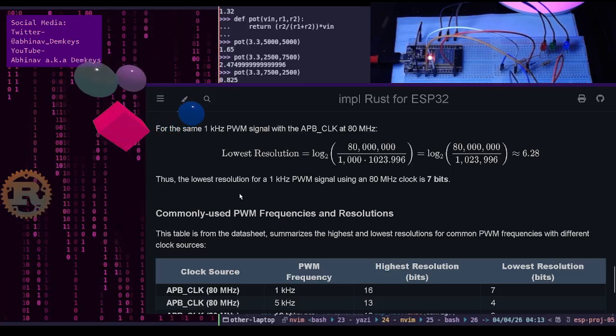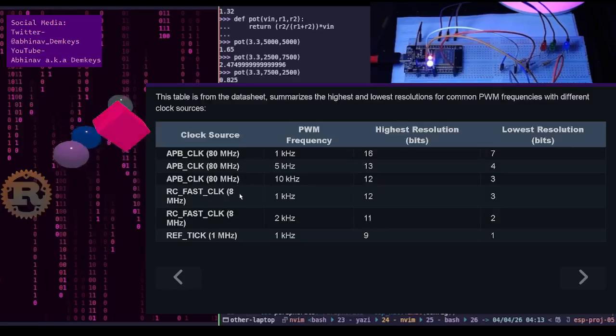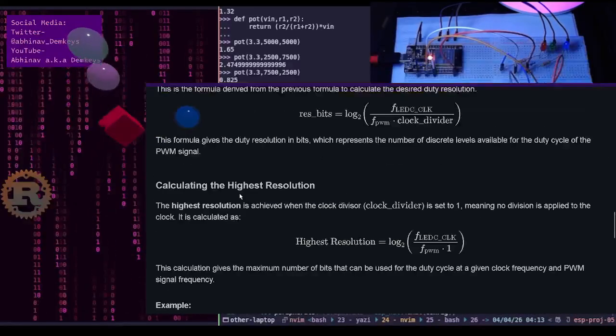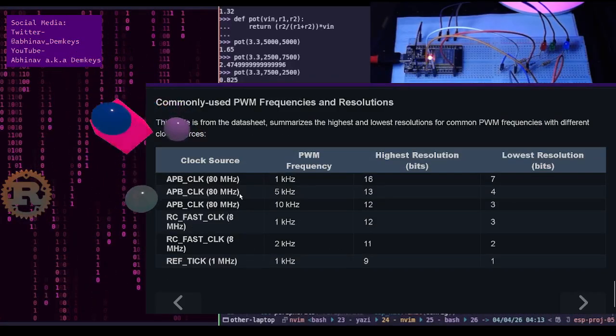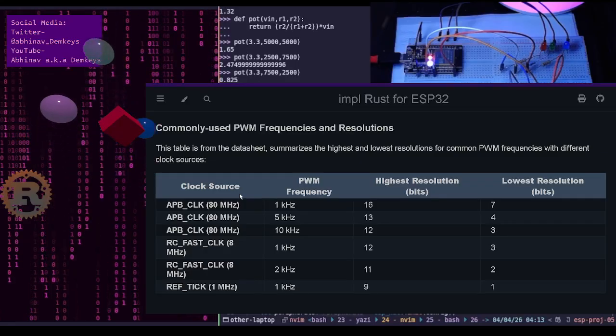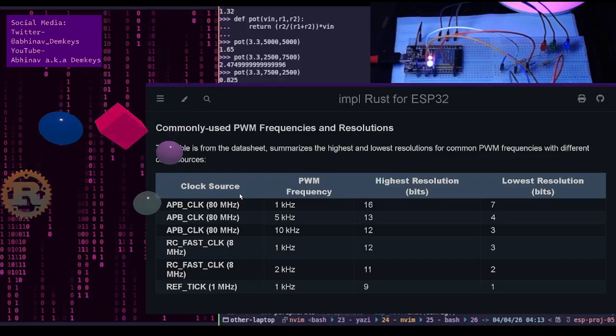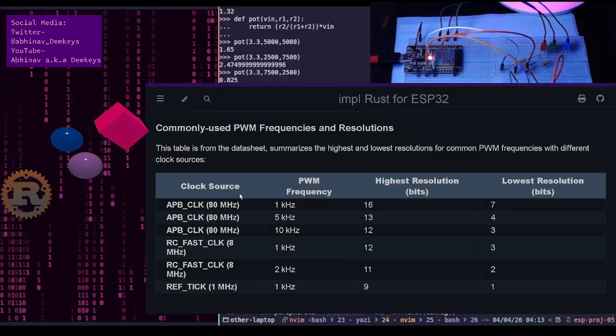I need to understand why any of this is necessary. Do I need to calculate any of this? Because there's a table here. So it says for 1 kilohertz, 5 kilohertz, 10 kilohertz.